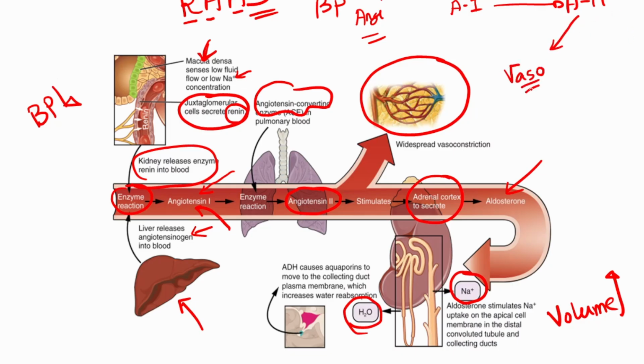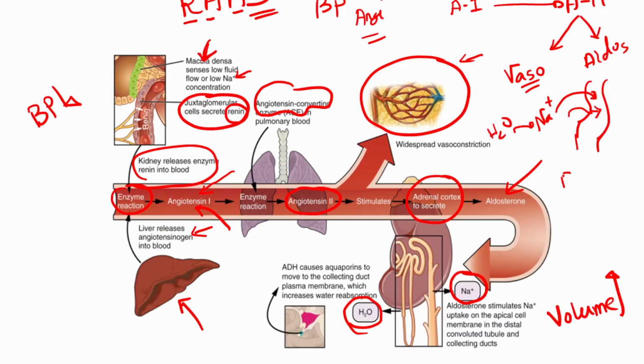That means the blood vessels will be constricted, which will increase blood pressure. And at the same time, angiotensin 2 will tell adrenal cortex to secrete aldosterone. And this aldosterone will tell the tubules of kidney to take up as much sodium as it can, which will eventually pull water along with it, which will increase the volume inside the blood vessels, and eventually it will increase blood pressure to normalize the system.